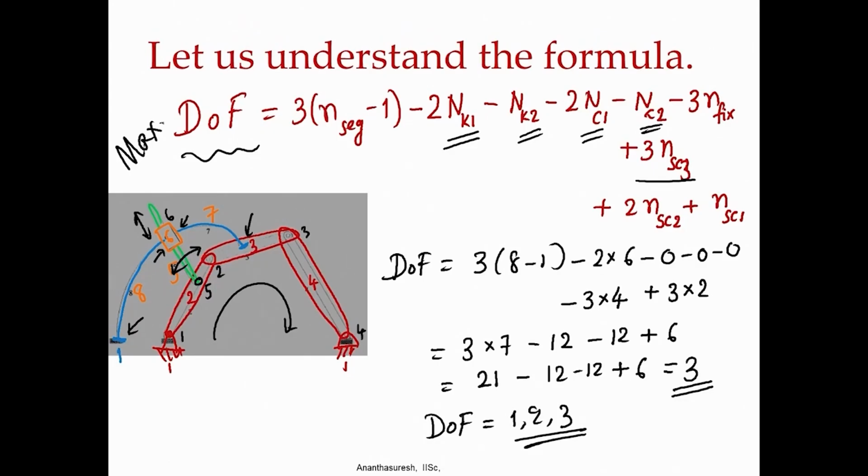Okay. So, when you apply Grubler's formula directly to this mechanism by treating 7 and 8 as rigid bodies, whatever degrees of freedom you get, if it is less than 1, we say 1 degree of freedom is the minimum freedom for a compliant one. If it is more than 1, whatever that has will be degrees of freedom. Okay.